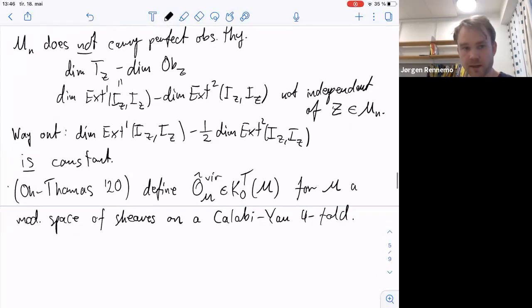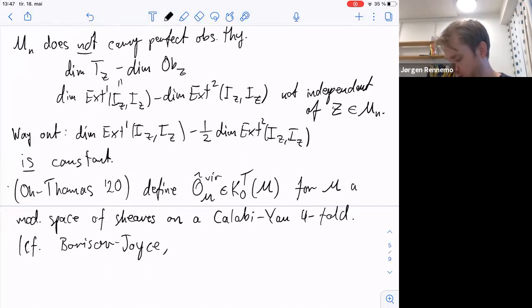So there's previous work here, well, related constructions previously by Borisov and Joyce and Cao and Leung, which do similar things in defining invariants as homology classes rather than K-theory classes, and they don't have equivariance, and they work more in differential geometry or derived differential geometry.